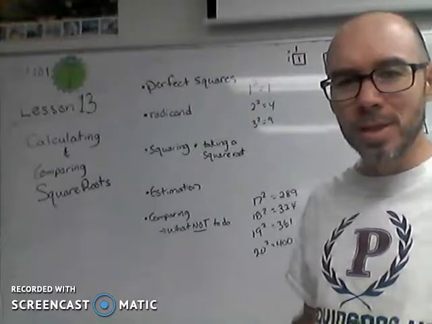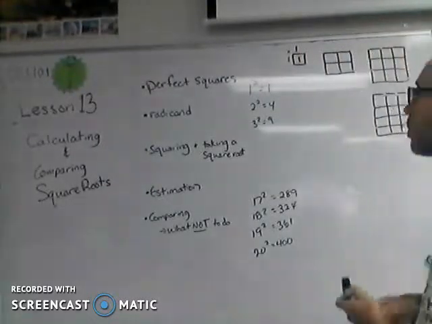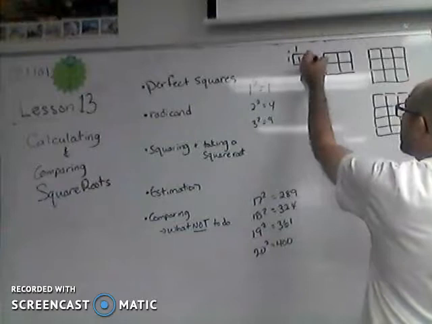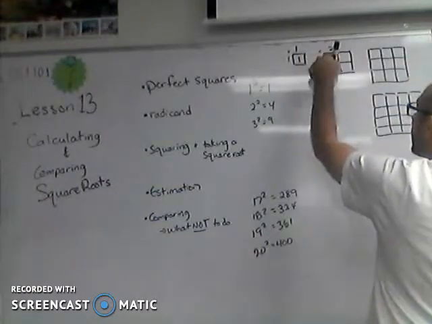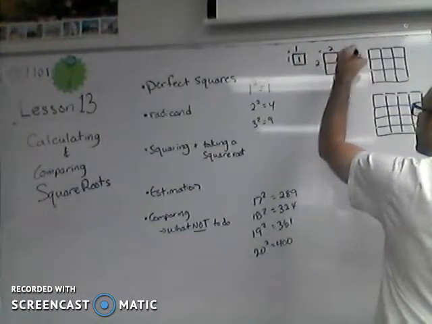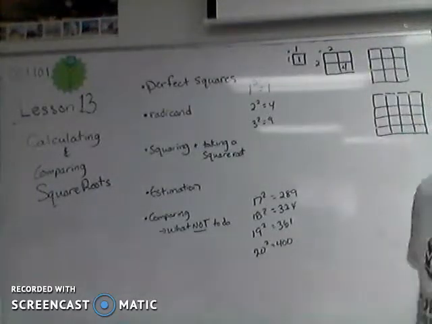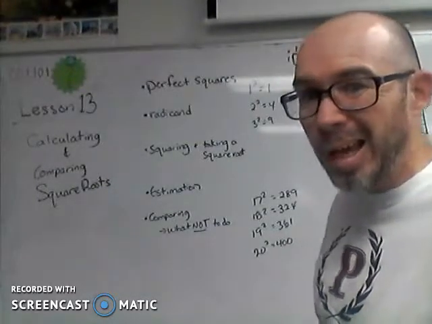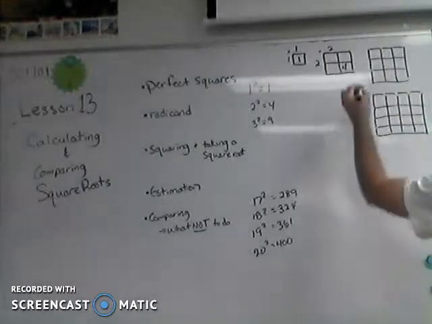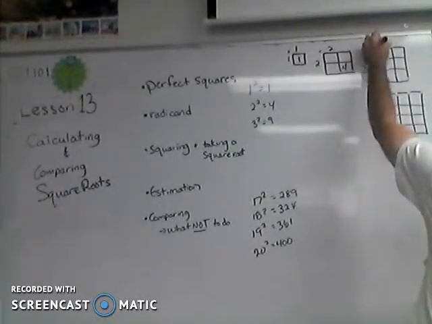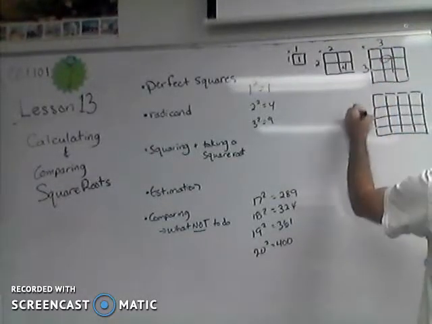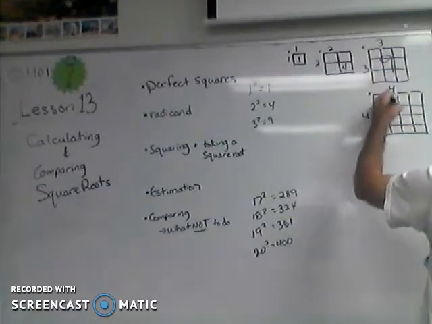By just means multiply. This one has dimensions of 2 by 2, and there are 4 square units there. You see where we're going with this? 3 by 3 has 9. 4 by 4 has 16.